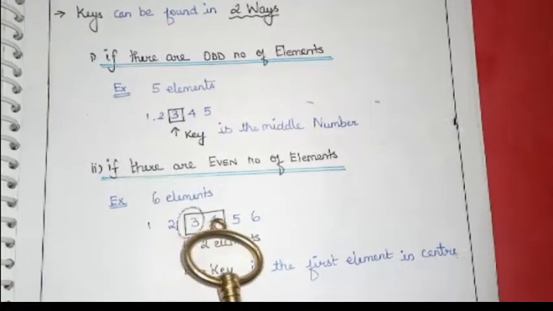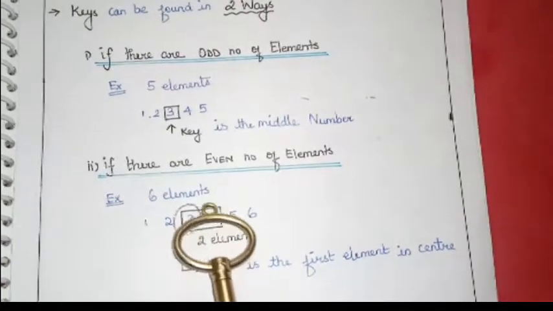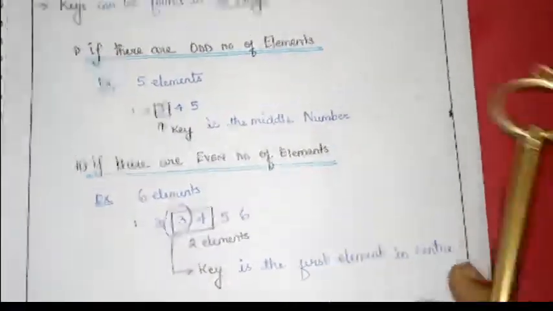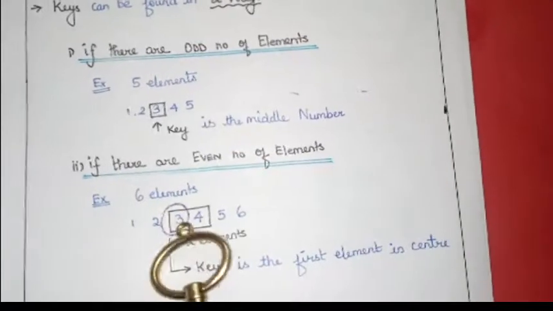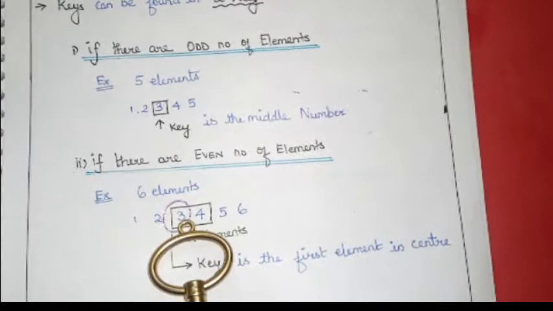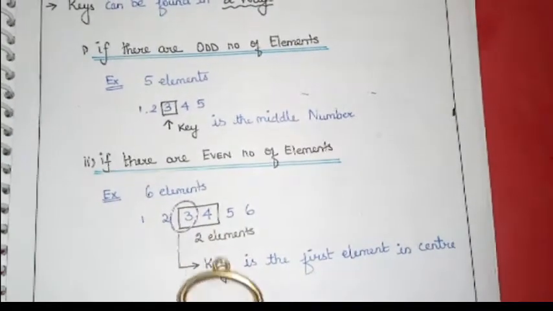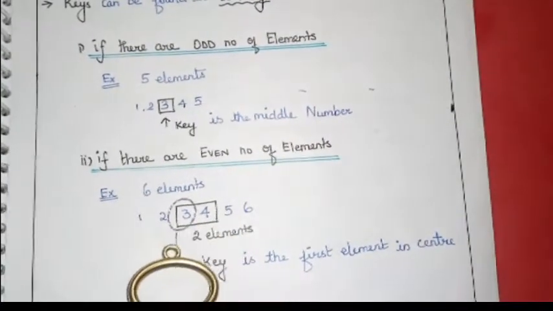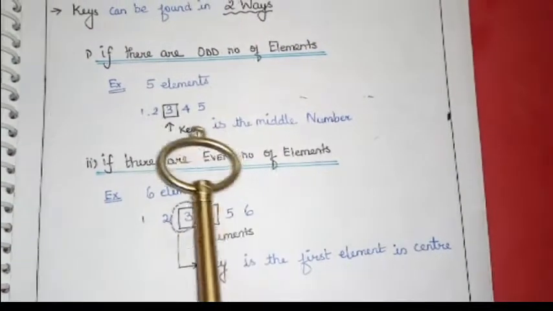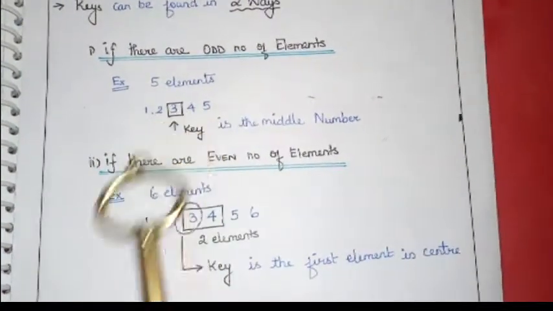There are two possibilities, 3 and 4 are the middle of the array. In this case you can blindly follow this step: the first element in the center part is my key. So my key is 3. This is my midpoint in this case, and this is the midpoint in the other case too.